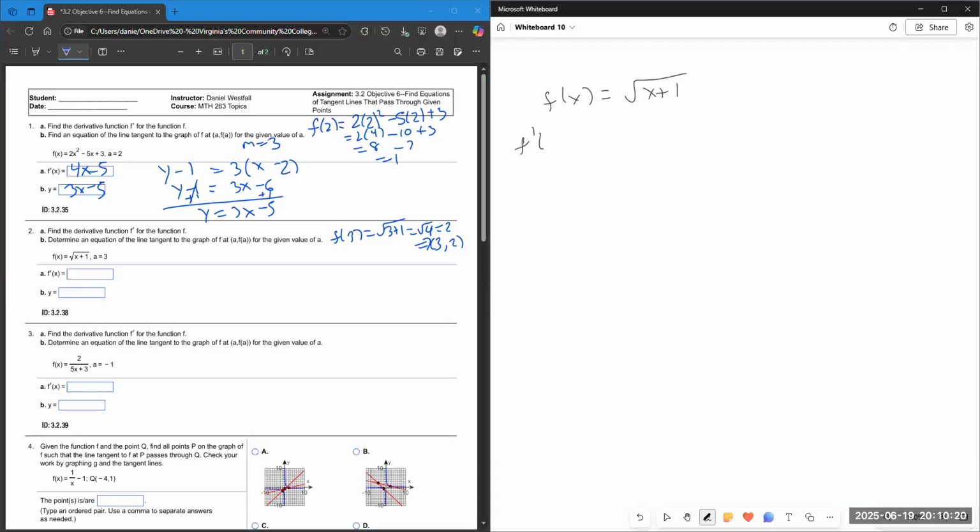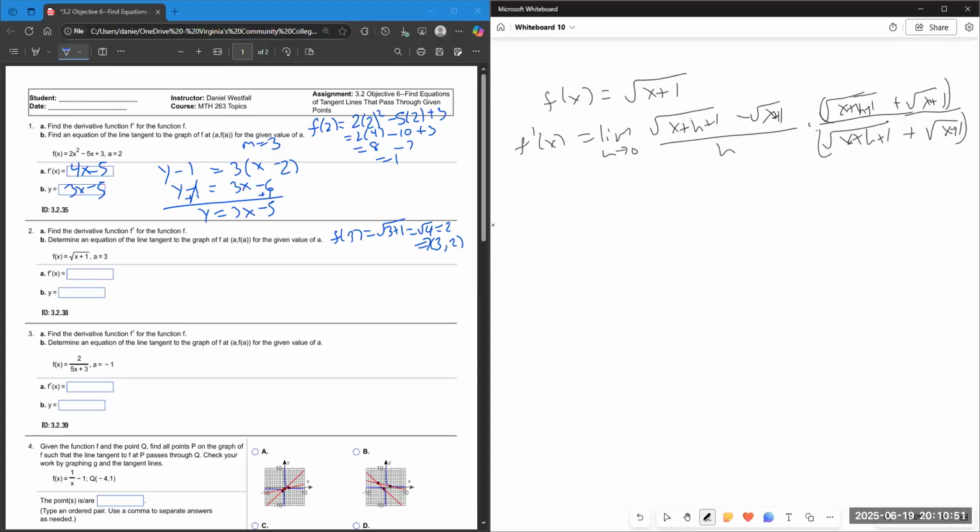F prime of x is equal to limit as h goes to 0. Root x plus h plus 1 minus root x plus 1 over h times root x plus h plus 1 plus root x plus 1 over root x plus h plus 1 plus root x plus 1.